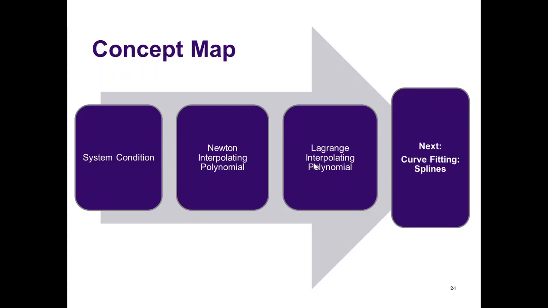The next part of the curve fitting is the spline. So far we learned the general form of the least square, which covered multiple linear, simple, and polynomial ones, and here we learned about the interpolating polynomial for curve fitting to find the point that is between two points.